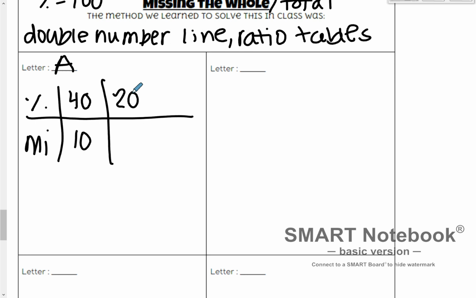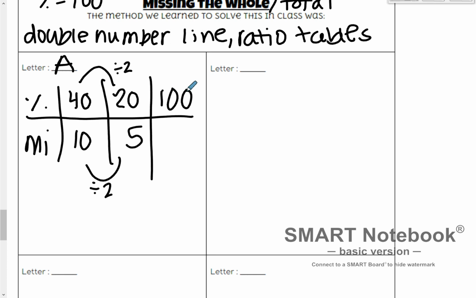So let's do that. I want you to show all the work. So I want you to show what you're dividing by to get it down. Whatever I would do on the top, I have to do on the bottom. Okay, and then I can get 20% to 100. I'm going to use a different color just so it stands out. You can tell the difference. And to go from 20 to 100, multiply by 5: 20, 40, 60, 80, 100.